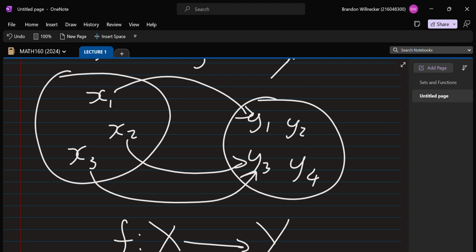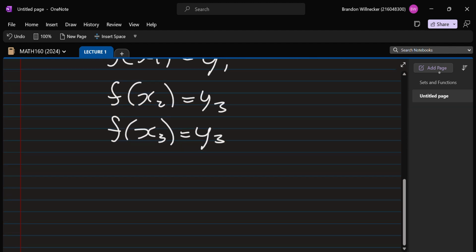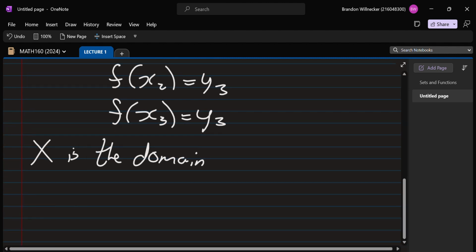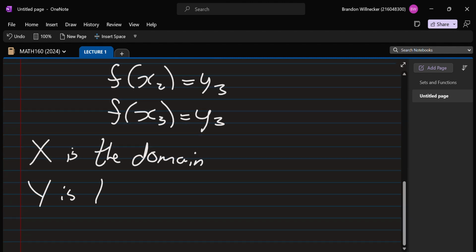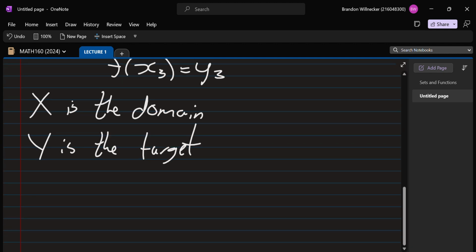That is the range. So let's write that down. X is the domain. Y is the target. Now, there are a number of ways of writing down the range. I will accept any of them as long as it makes some sense.